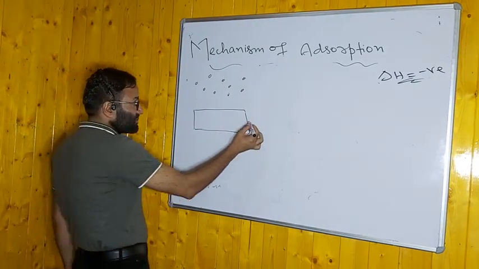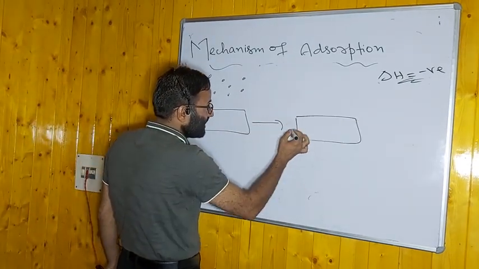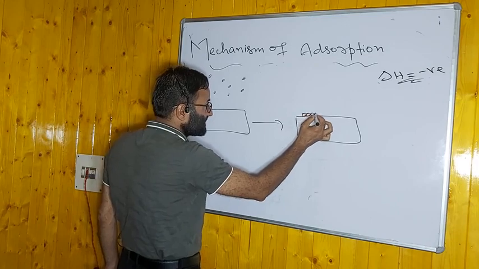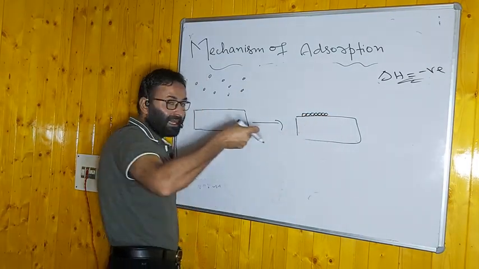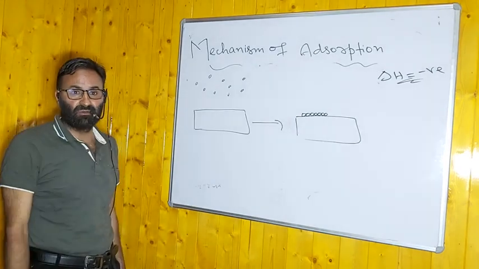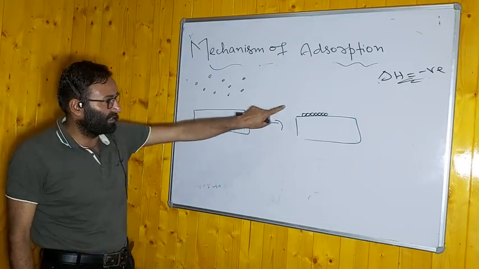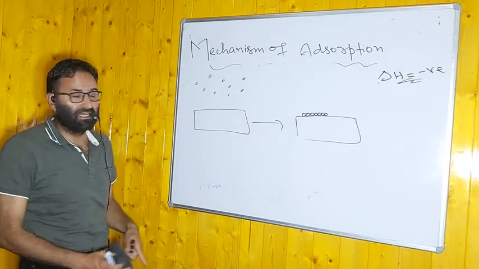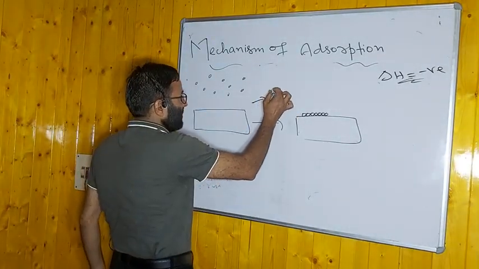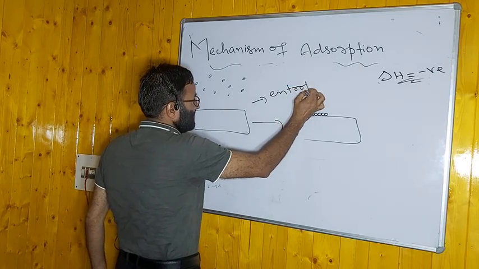But when the adsorption process takes place, their randomness gets decreased. Now they get attached, bound with the adsorbent surface. It means that the randomness of the adsorbate particles gets decreased.